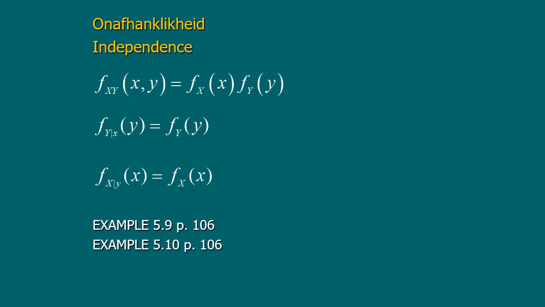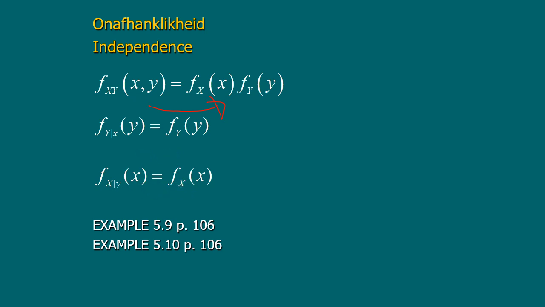Next definition, independent. Two distributions are said to be independent if we can split them up like that. So if the joint distribution is the product of the two marginals, then we'd say that these are independent. Then your conditional distribution is also just the same.